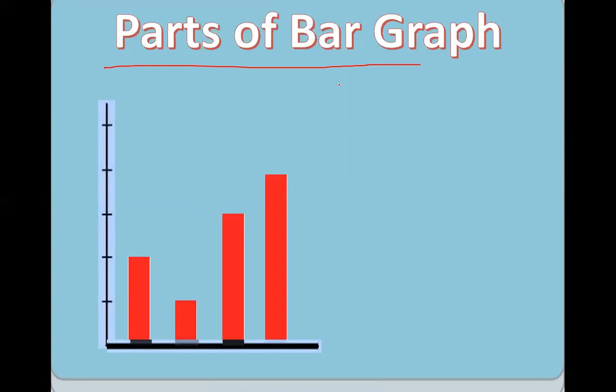So the next we are learning the parts of a bar graph. It is very important that you keep this in your mind while doing the bar graph. There are parts of a bar graph. The first part of the bar graph is the y-axis. Without its parts, we cannot plot the bar graph, or we cannot read the bar graph.